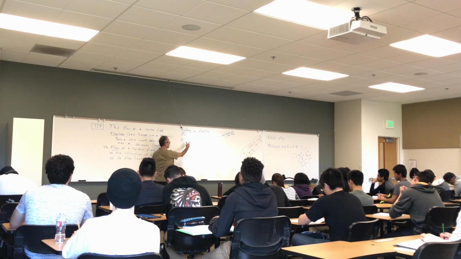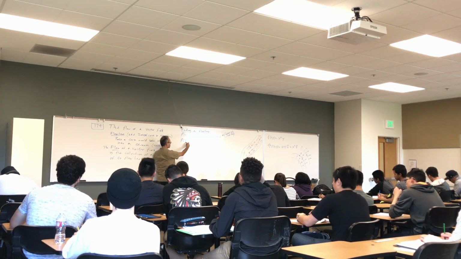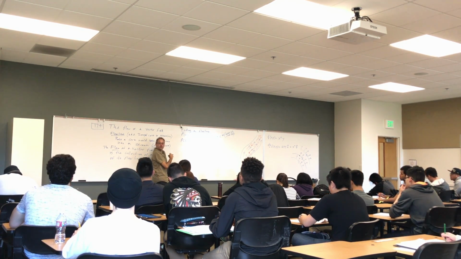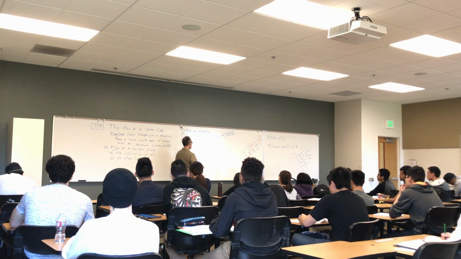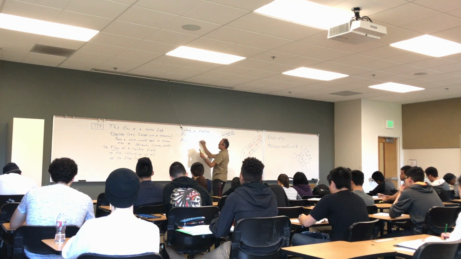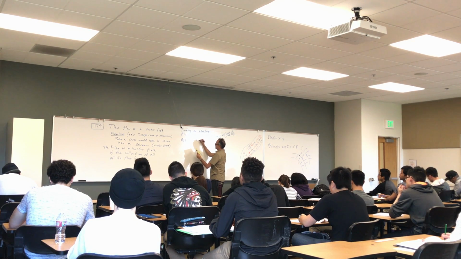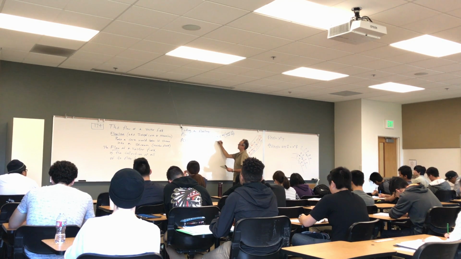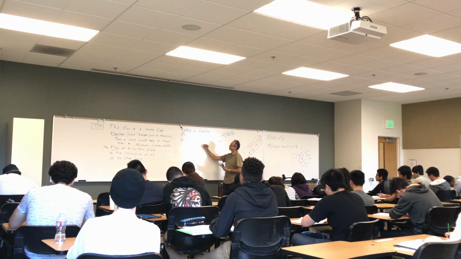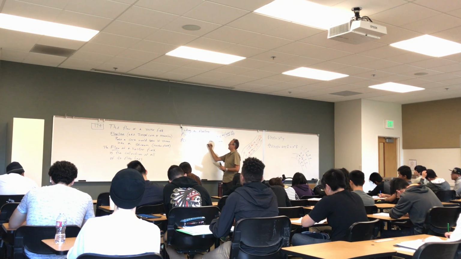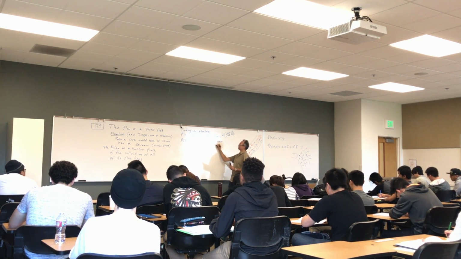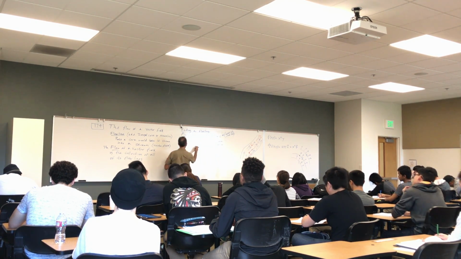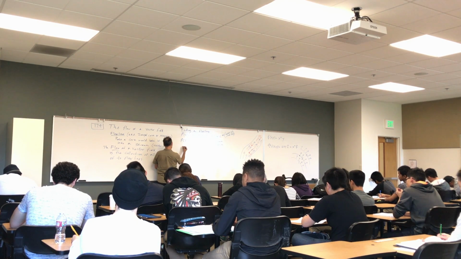So in other words, here's the location of the cork in the river. F of R of t tells us the velocity of the river at that place where the cork is currently floating. So this is the velocity of the stream at the cork's location. So R of t's location, F of R of t, that's the velocity of the water at that location.